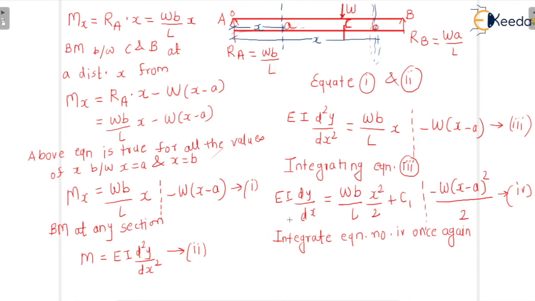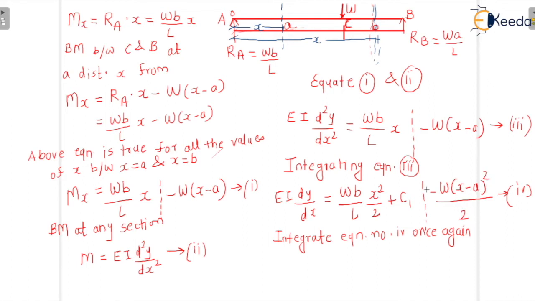Then here it will become W b/L x³/3, plus C1 into x, plus one more integration constant that is C2, and this part minus W/2 becomes (x − a)³/3.